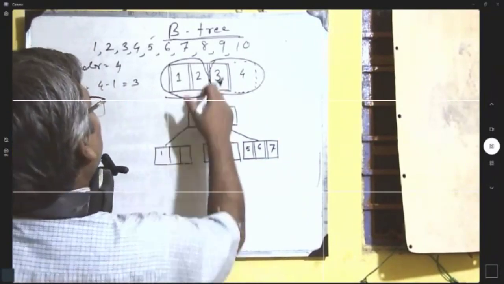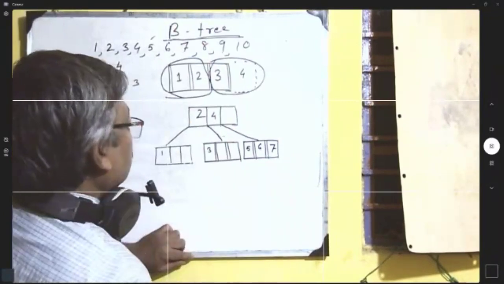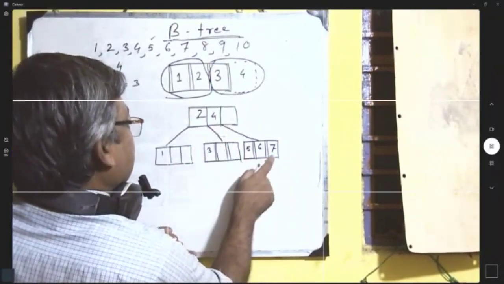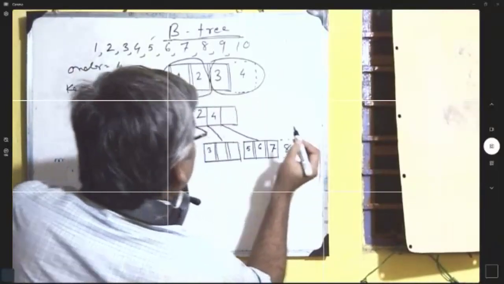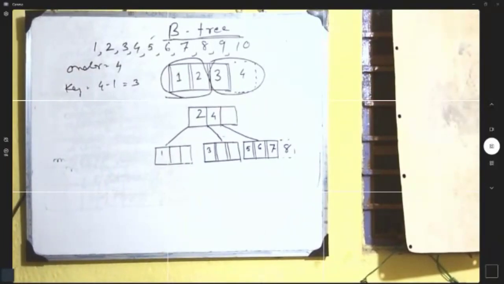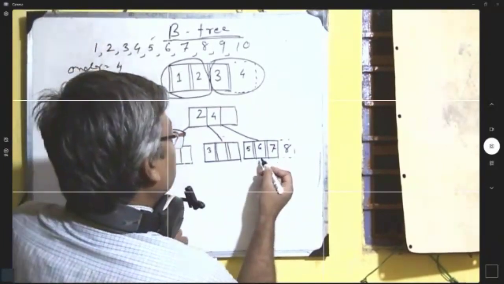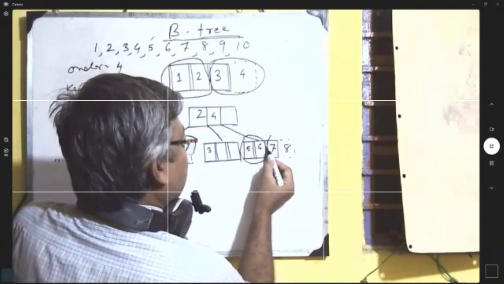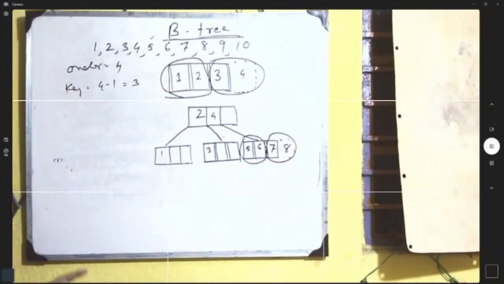The next value is 8. Where will it go? 8 is greater than 4, greater than 7, so no doubt it will come at this position, but there is no provision to enter the value. Similarly, we have to split the node. This node will split into two groups, 5 and 6 in one group, and 7, 8 in another. The middle point is 6, because we have only taken the left bias value.